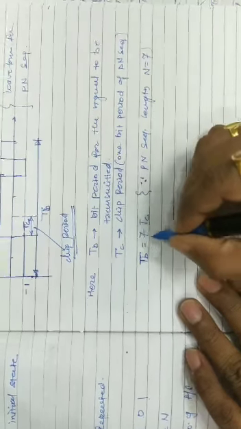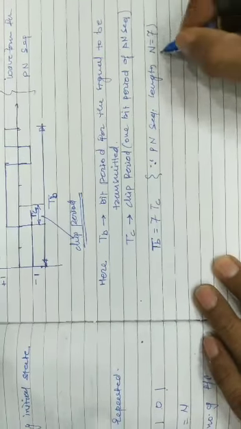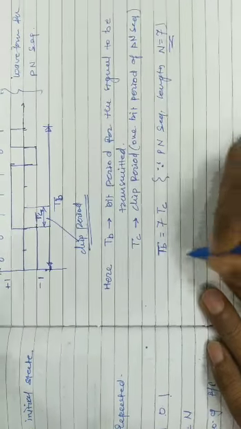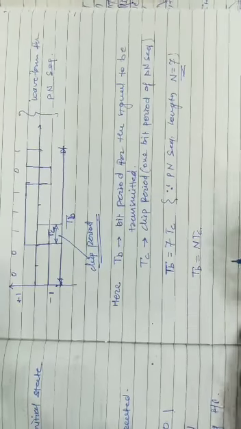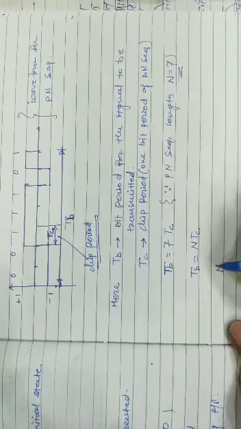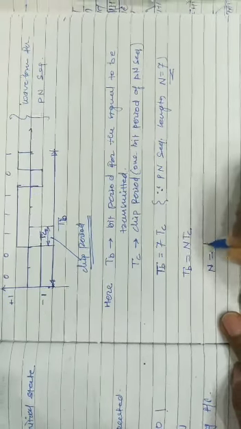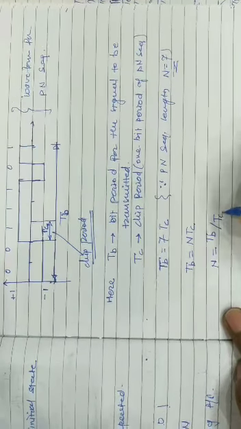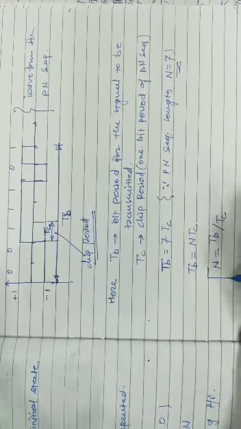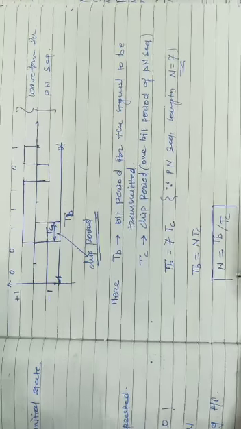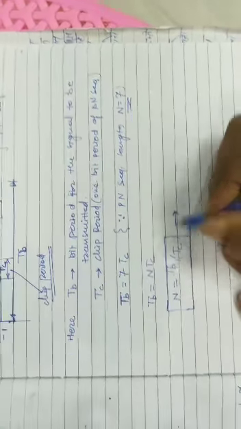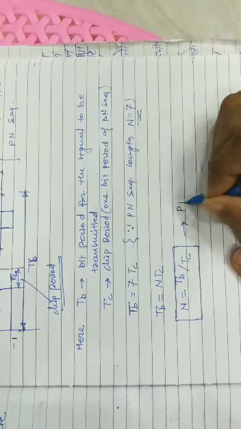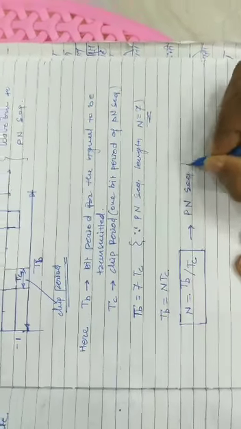Therefore, if we replace this 7 by N, which is nothing but the sequence length, we can write TB is equal to N into TC, and we can also write N is equal to TB by TC. In short, this N is nothing but the PN sequence length.